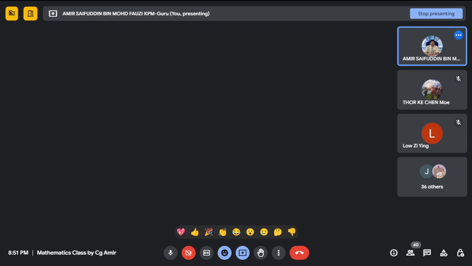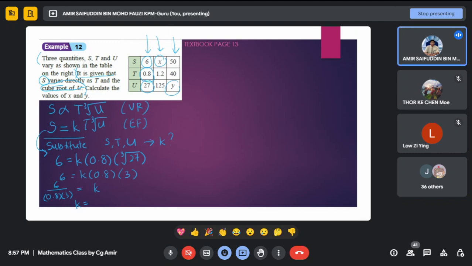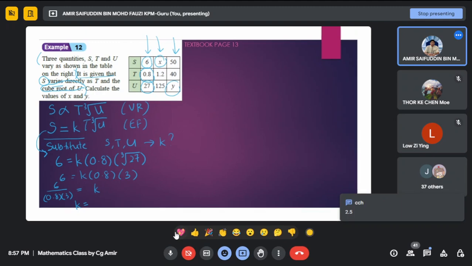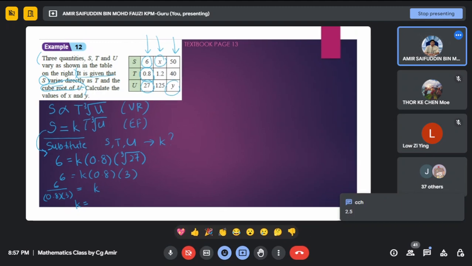Then k on the left becomes 6 divided by 0.8 and 3. Use your calculator and you got the answer 2.5.